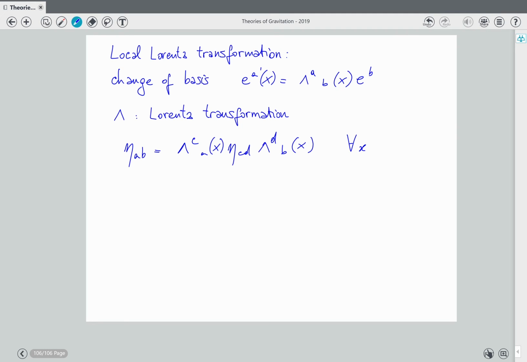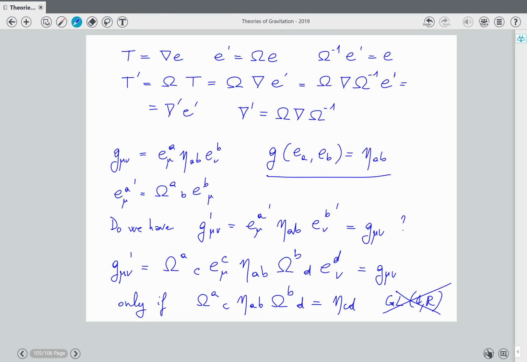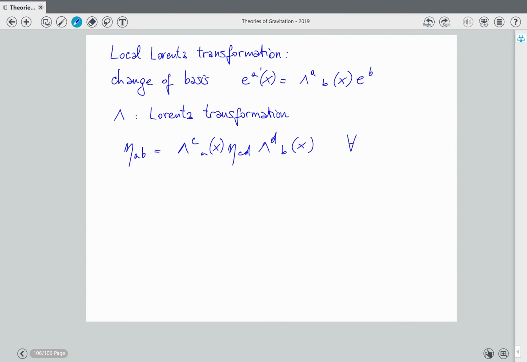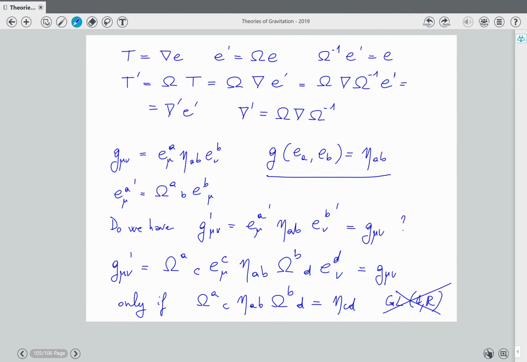So we have two types of transformations, those that preserve this diagonalization. So in the new basis, the new forms e^A prime still diagonalize the matrix, the metric, yes.